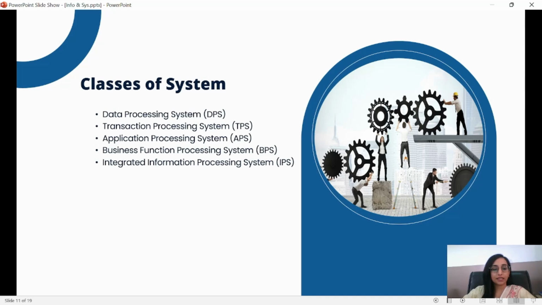And our fourth class is Business Function Processing System, which is also known as BPS. So BPS deals with business functions. BPS aids in business function processing and helps management in decision making required within the scope of a business function. BPS focuses more on information support for management of a business function.